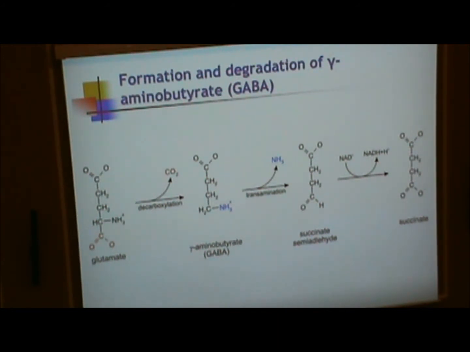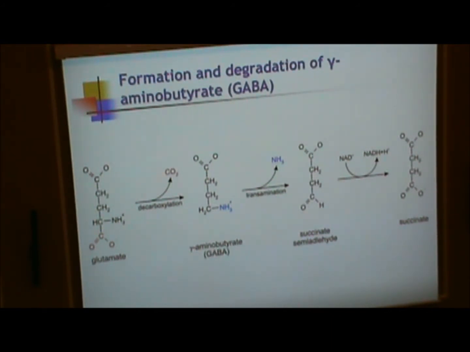Gamma aminobutyrate is converted into succinate semialdehyde. Then the succinate semialdehyde is oxidized. The aldehyde group is oxidized to carboxylic. Succinate semialdehyde is converted into succinate.